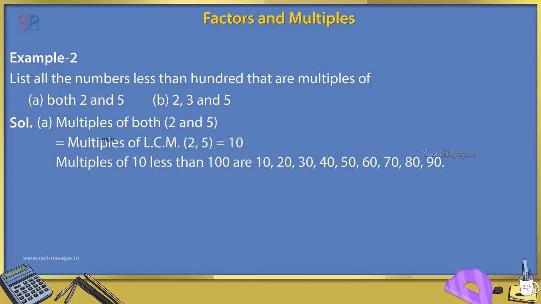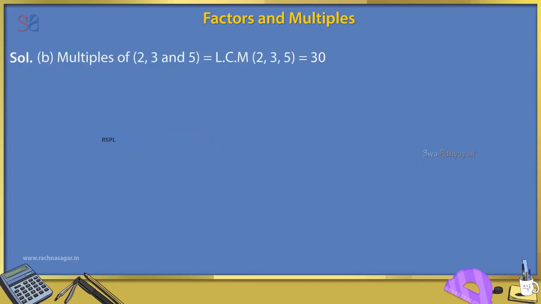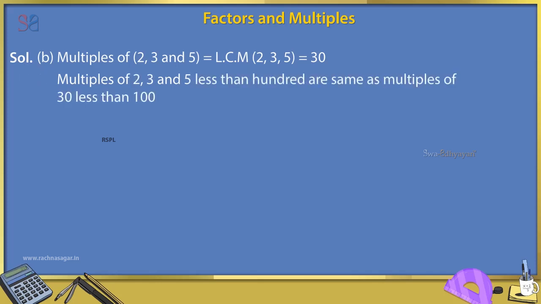Multiples of 10 less than 100 are 10, 20, 30, 40, 50, 60, 70, 80, 90. B. Multiples of 2, 3 and 5 are multiples of LCM(2, 3, 5), which is equal to 30. Multiples of 2, 3 and 5 less than 100 are the same as multiples of 30 less than 100. That is 30, 60, 90.